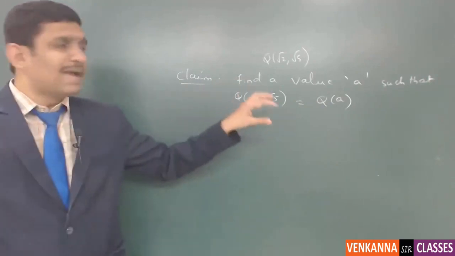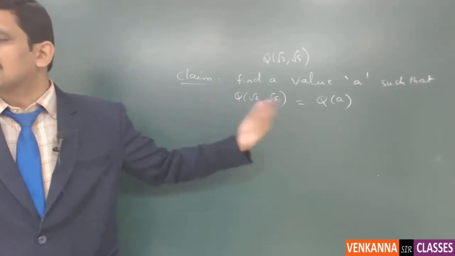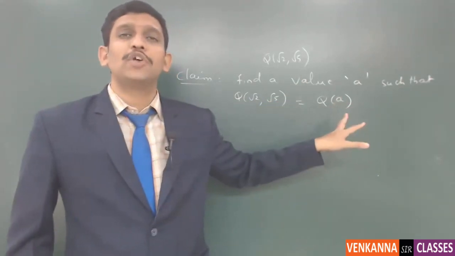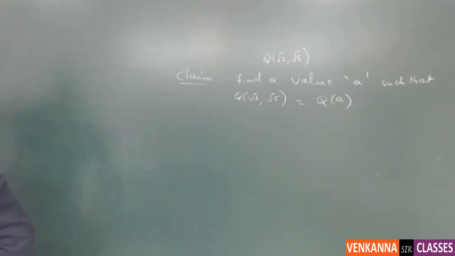So the values generated by these two elements are simply generated by only one element a. Is it possible to find such an element or not? That was the question part. Clear? Are you clear with the context or not?